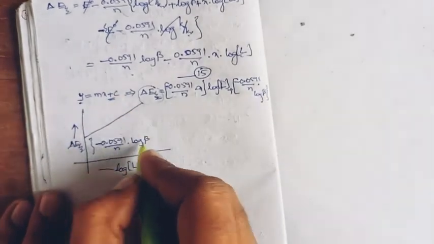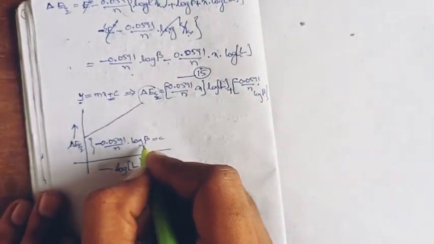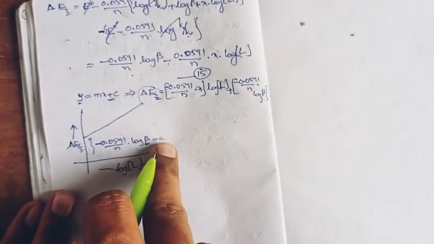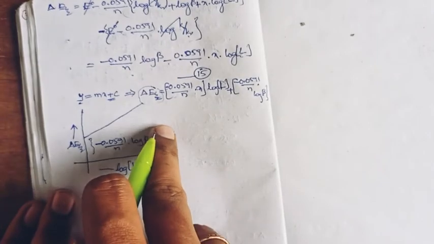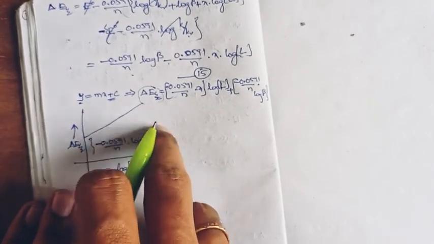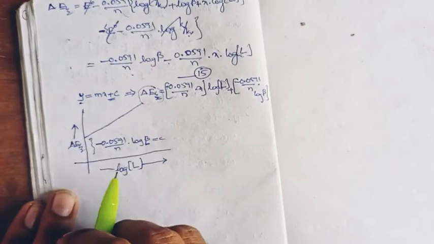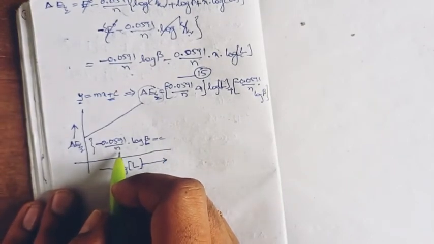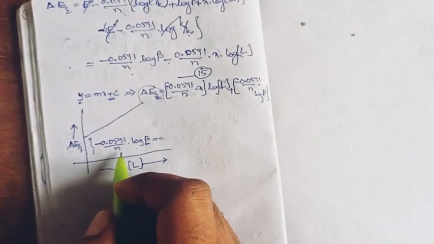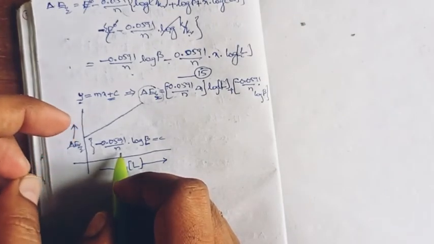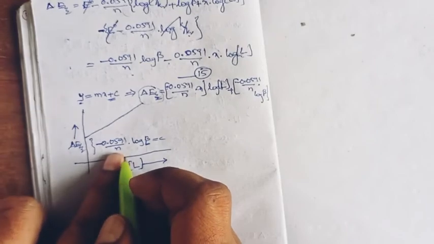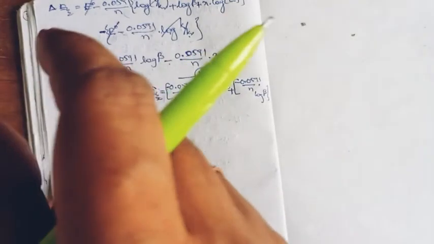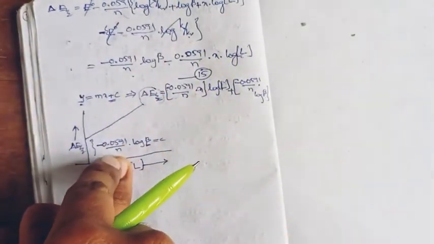That's how the intercept c results. From the intercept value we come to know the stability constant beta. Here n is the oxidation state of the metal ion, or the number of electrons to reduce the metal ion, which is known to us, since we have the oxidation number of the metal ion.